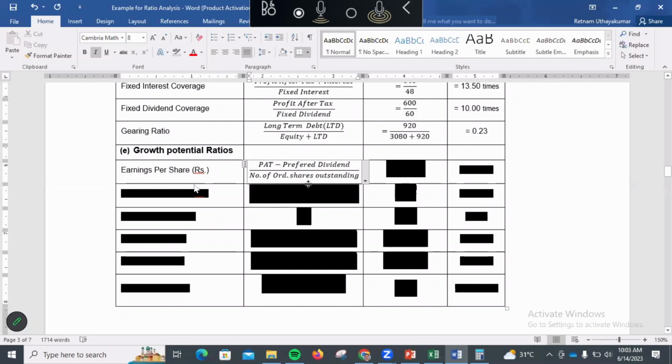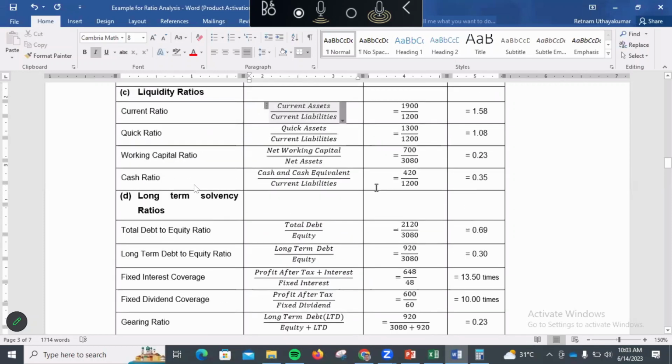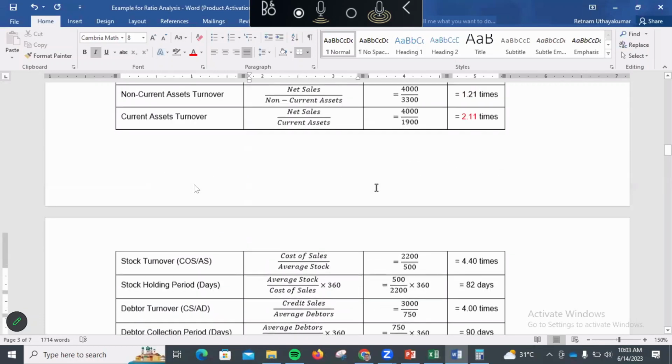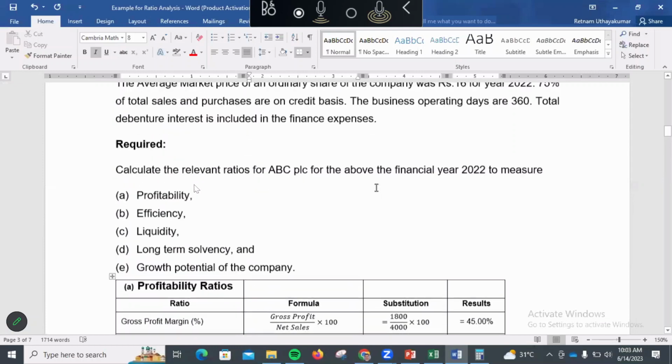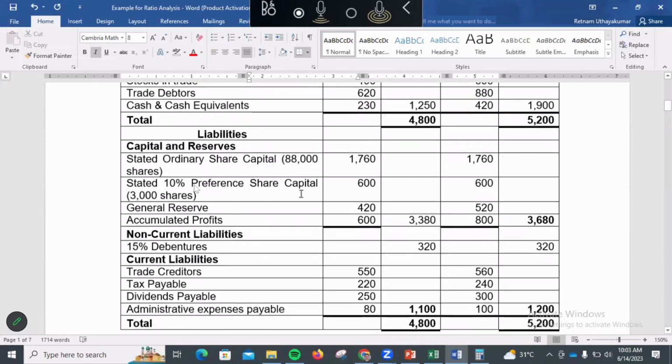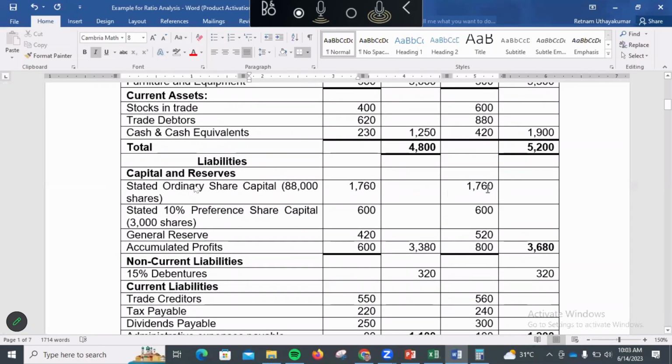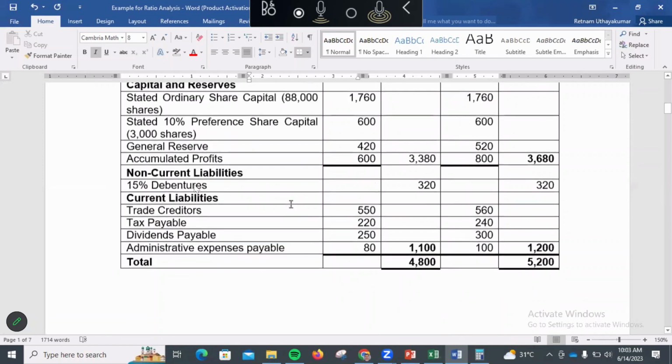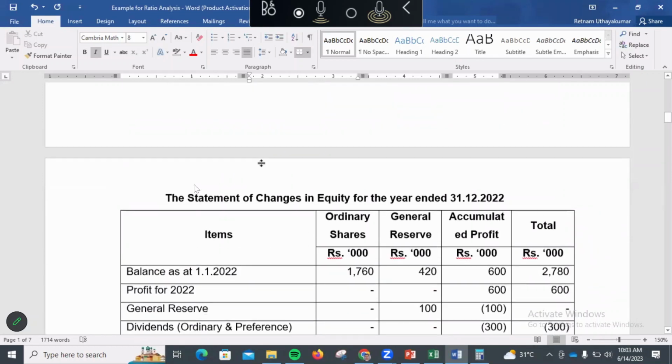So you need the number of shares outstanding. You can get it from the share capital. Stated ordinary share capital 1,760 in total. Within brackets, you can observe 88,000 shares. So the nominal value is given.